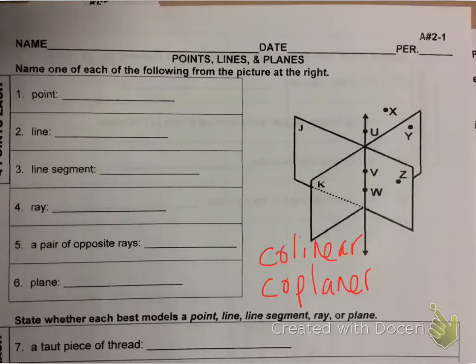The lines are parallel. Not parallel. What does co mean? Co means you share something, right? So that means it's 2 points that share the same line. So what's coplanar? 2 points that share the same plane, or they're on the same plane. So make sure you can define all of these things as well for the test.